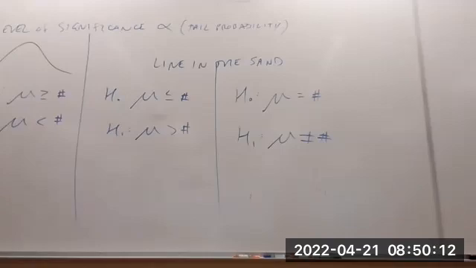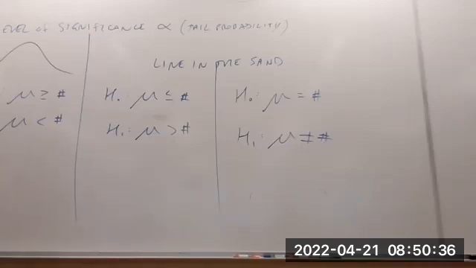Rejecting the null means I found you guilty. Failing to reject the null means I found you not guilty. It didn't necessarily say innocent, but you're not guilty at the very least. To reject the null, the evidence has to be overwhelming. So in this case, it has to be overwhelming in the left tail.